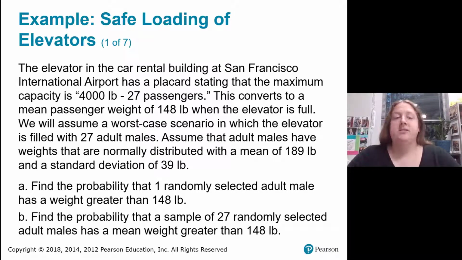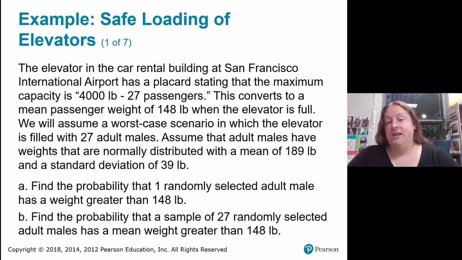We're going to use those to find the probability that one randomly selected adult male has a weight greater than 148 pounds. And we're going to find the probability that a sample of 27 randomly selected adult males has a mean weight greater than 148 pounds.